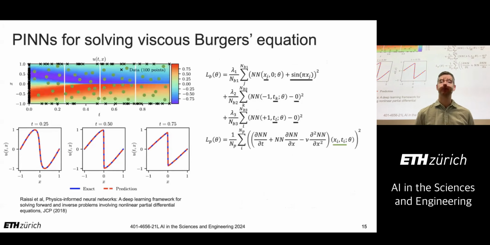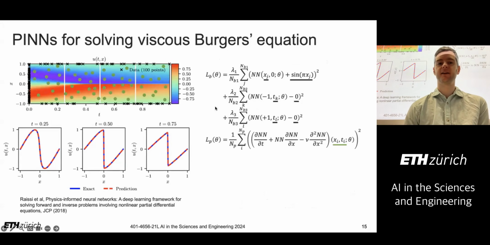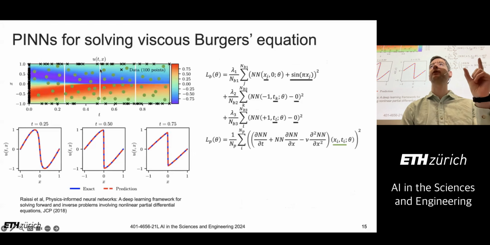Okay. So let me show you a picture of what that looks like. This is the same loss function again. But what I'm plotting here is the black points and the green points. The black points represent where we sampled the boundary loss from. So when we did the 1D harmonic oscillator, we only needed 1 boundary point because it was 1D, but in higher dimensions, you need to sample the subspace of the domain.